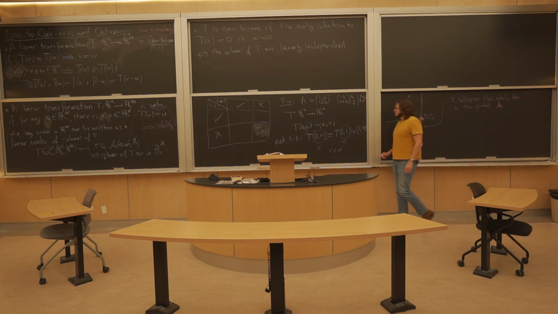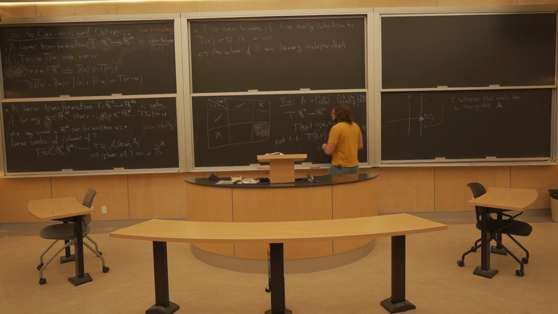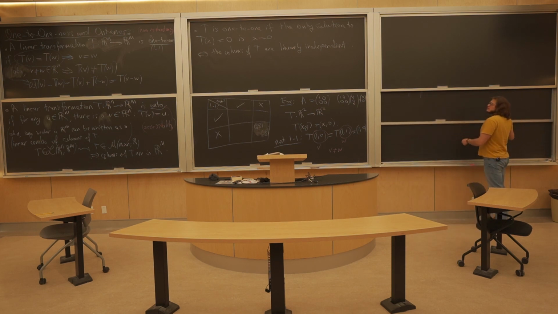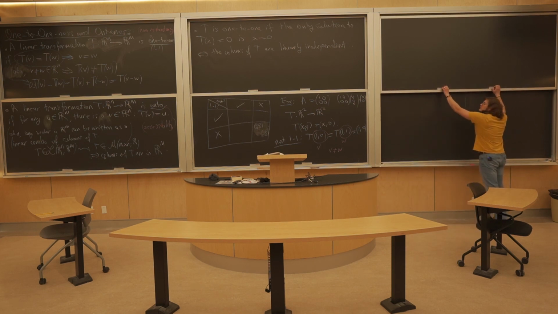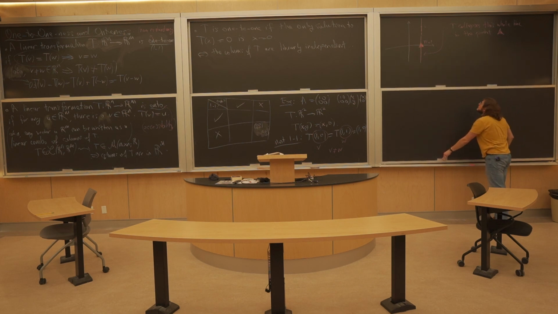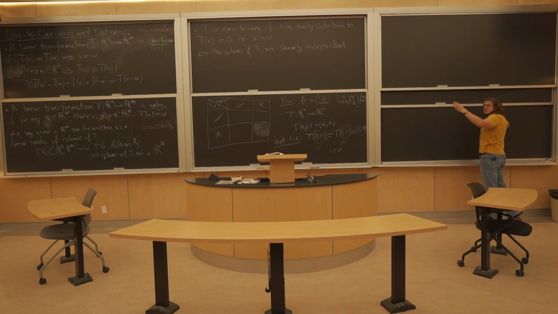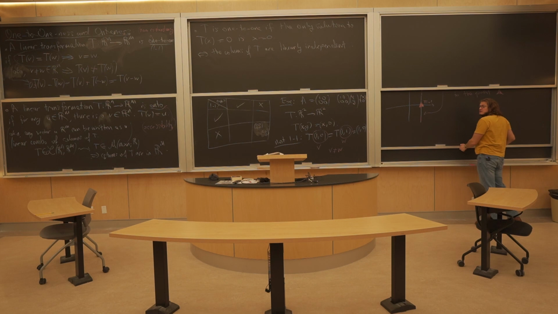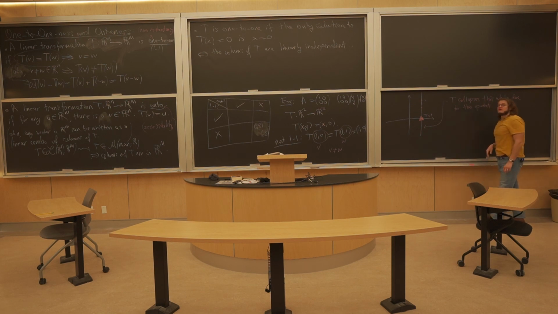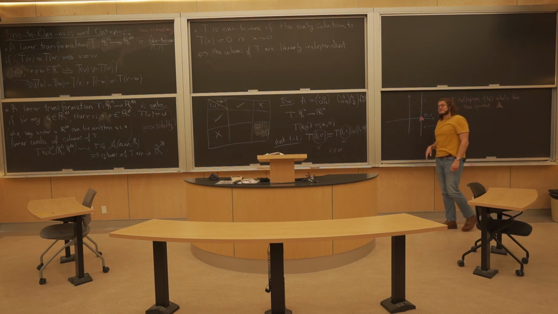How about ontoness? How can I verify that this transformation is not onto? Any ideas? For it to not be onto, it's a 2 by 2, you say that because it doesn't cover the entire plane. Exactly. It's not onto, right?